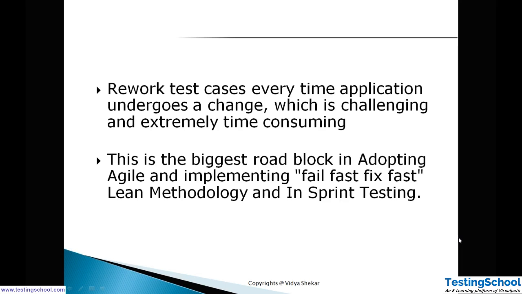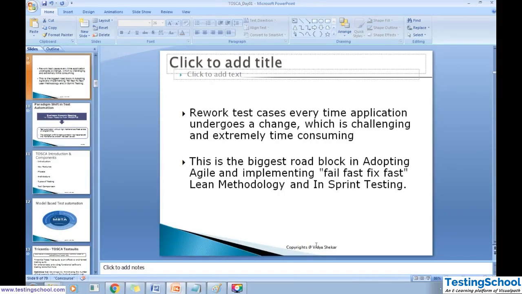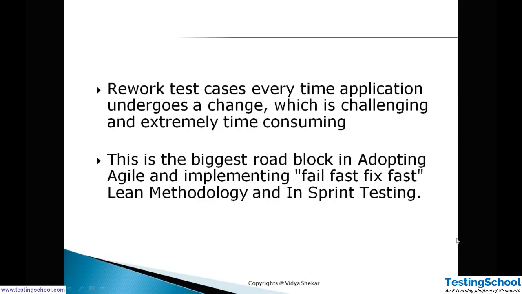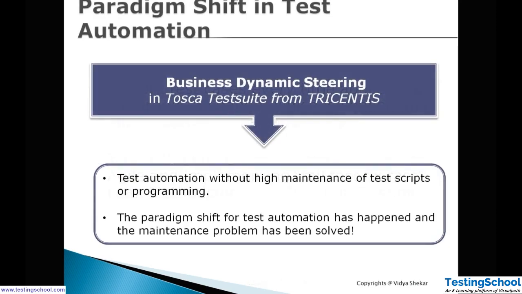And the other thing is, nowadays we are working in agile methodology, which talks about the fail fast and fix fast concept. Okay, and rework of test cases. Whenever you have to do some rework, there is some complexity involved in reworking that particular test case. So in order to overcome these difficulties, Tosca has come up with a new model.